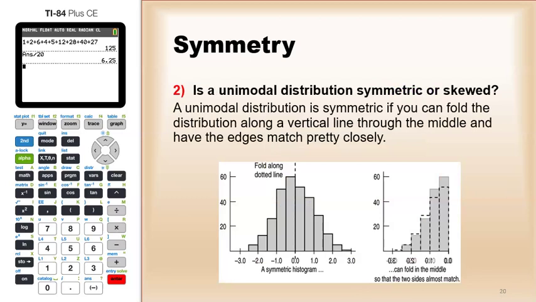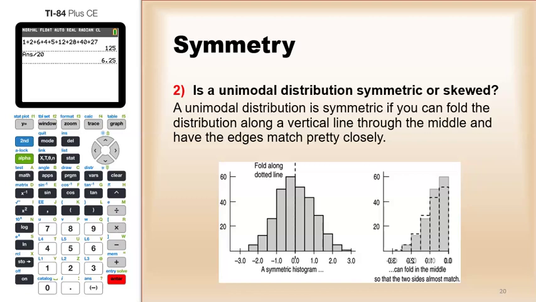Now, the second thing we look at is symmetry. Is a unimodal distribution symmetric or is it skewed? Well, a unimodal distribution is symmetric if you can fold the distribution along a vertical line through somewhere around the middle and have the edges match up pretty closely. Now, in the real world, you're never going to get exact.